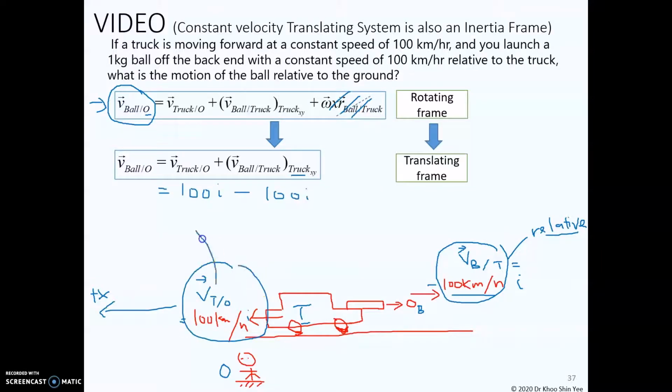By substituting the velocity information into this equation, you obtain V ball with respect to O equal to 0. This means that after you launch the ball, the velocity will be equal to 0 with respect to the ground. So in this case, the ball will not move forward and it will just free fall.